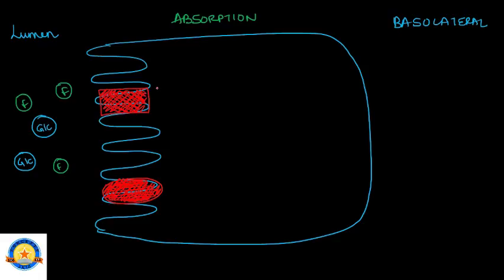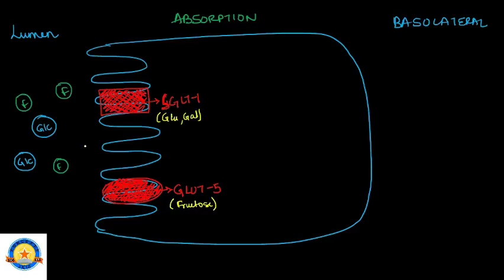The first one is SGLT1, and the second is GLUT5. What will they carry? SGLT1 will carry glucose and galactose, and GLUT5 will carry fructose.